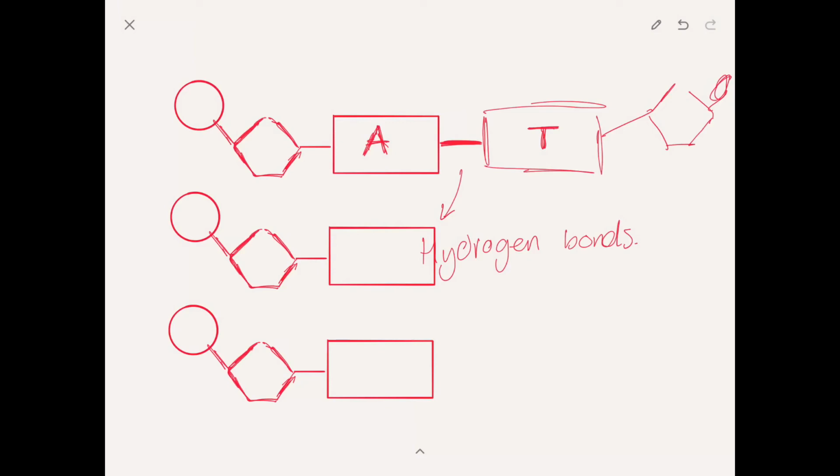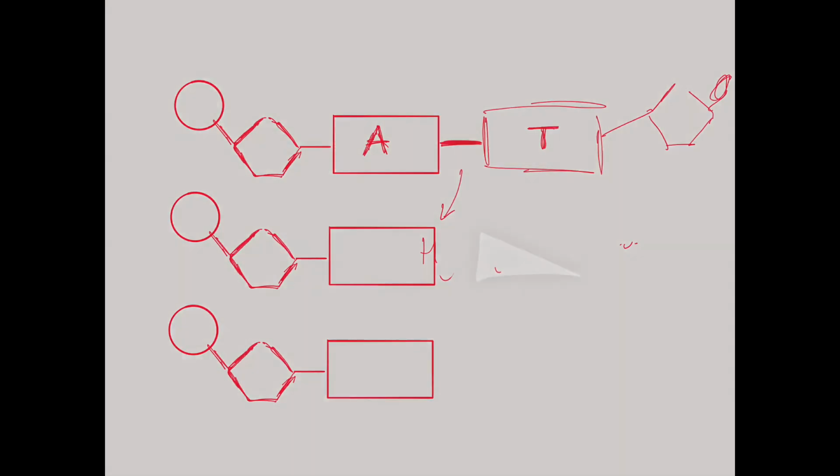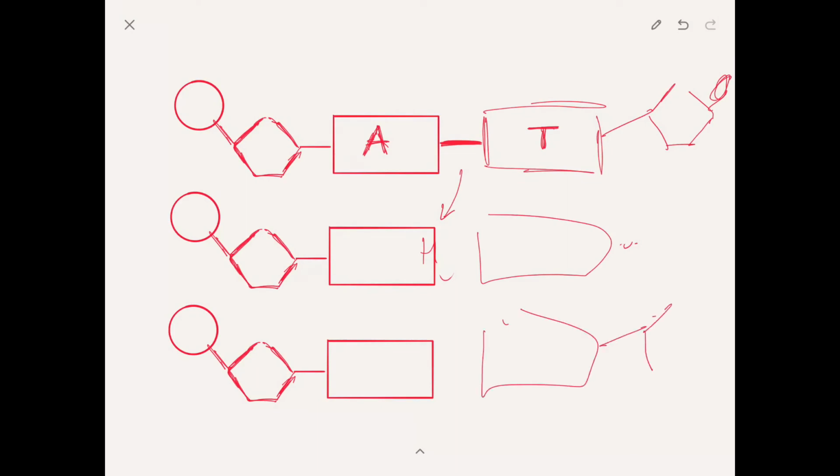On each one of these sides you're going to have another base over here, another base over here, again with the phosphate group and the sugar group, and in between each one of these pairings you are going to have that hydrogen bond forming every time. In the future we'll come on to talk about the number of hydrogen bonds that form, but for now we'll keep it at that.